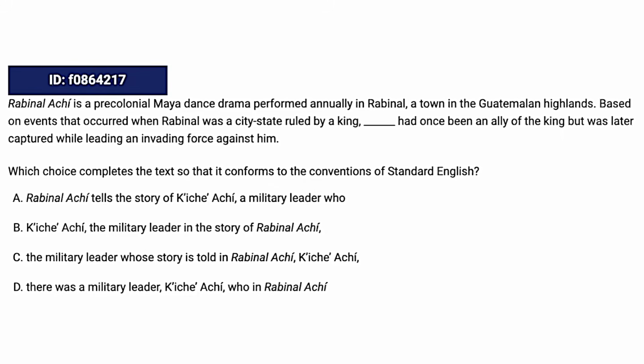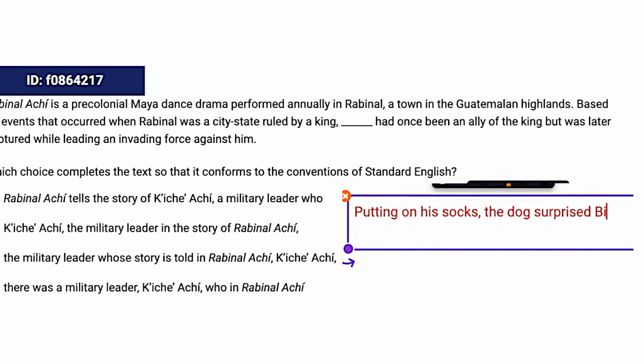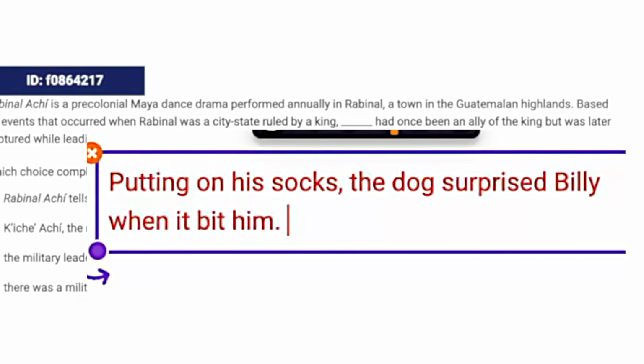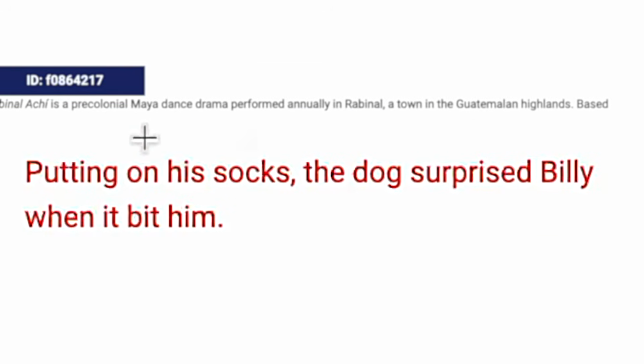And if you're wondering what the heck that is, let me give you a quick example. If we had a sentence like, "Putting on his socks, the dog surprised Billy when it bit him." This is a misplaced modifier. The first phrase, which is our modifier, is describing Billy, right? Because who is putting on his socks?